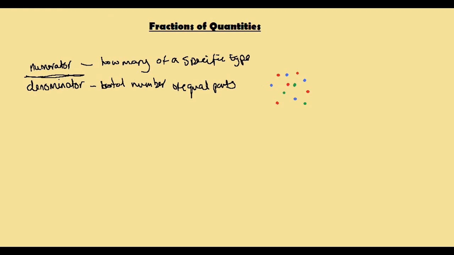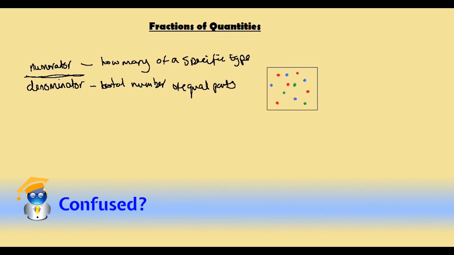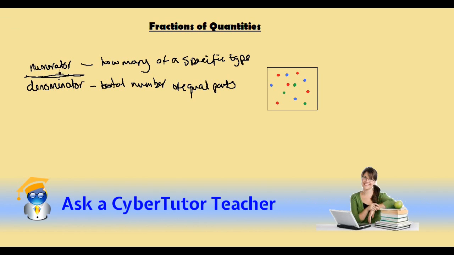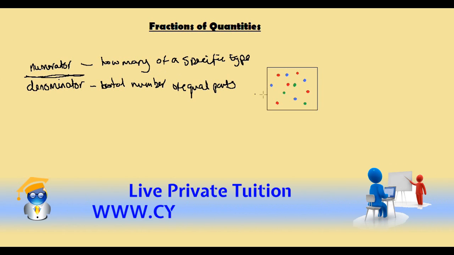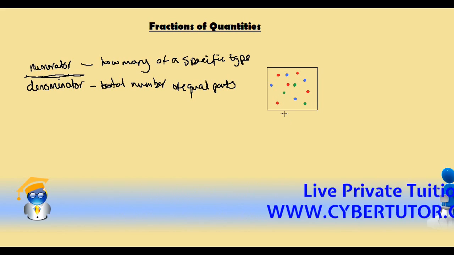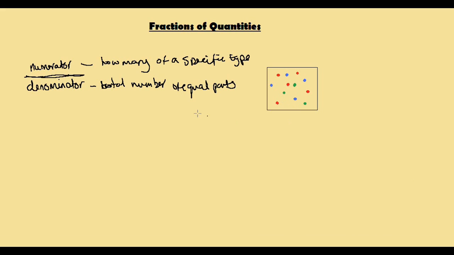Right, okay, so within this bounded area here, we've got various amounts of dots, and let's just assume for now that those dots are exactly the same size each, although some of them do look bigger and smaller. And what I'd like to do is find out the fraction of red dots.